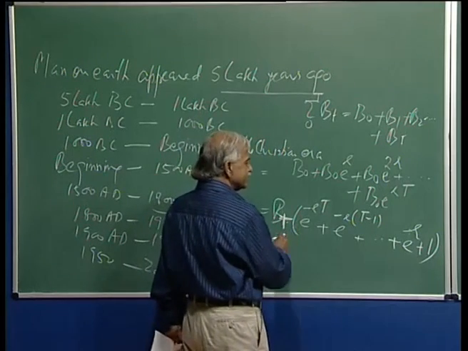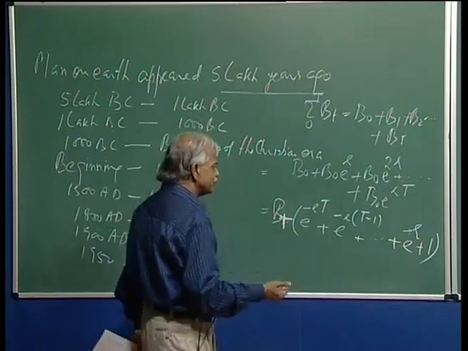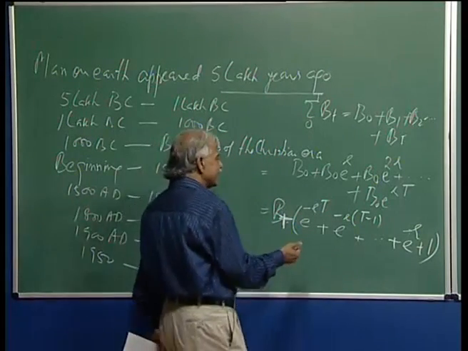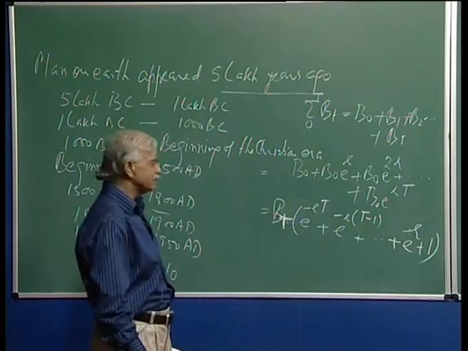The reason is that now it is possible for me to use the logic of geometric series and write the sum of this expression from the sum of a geometric series.